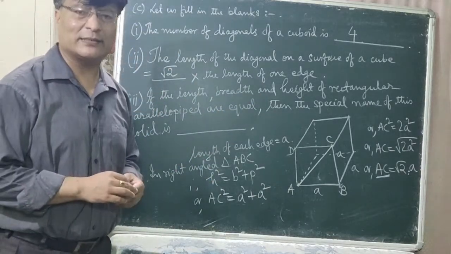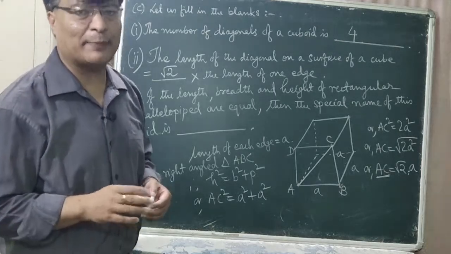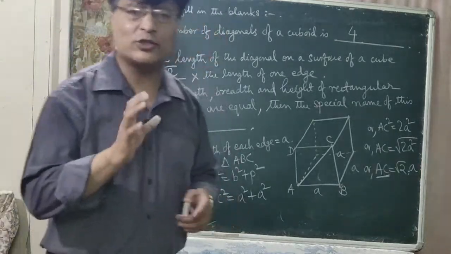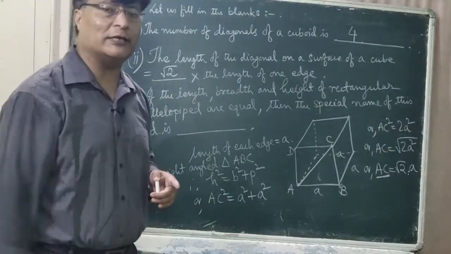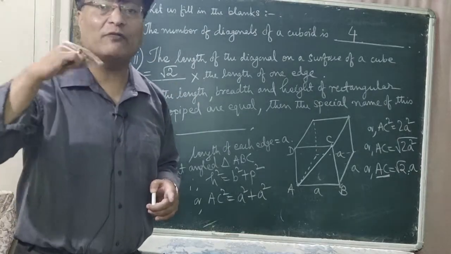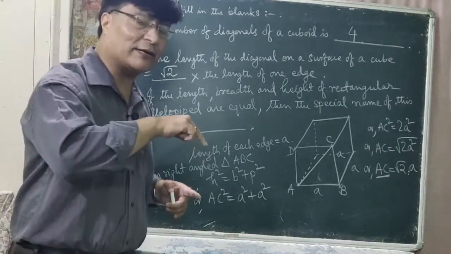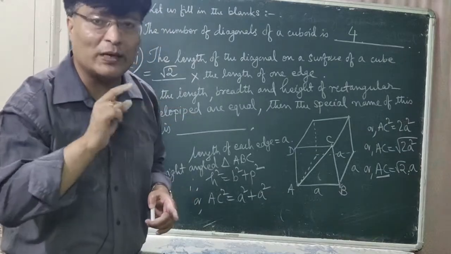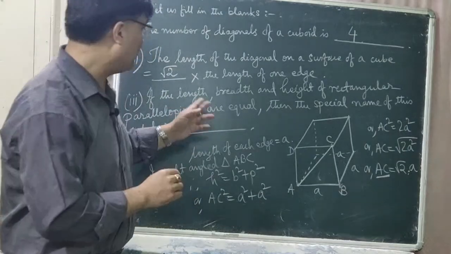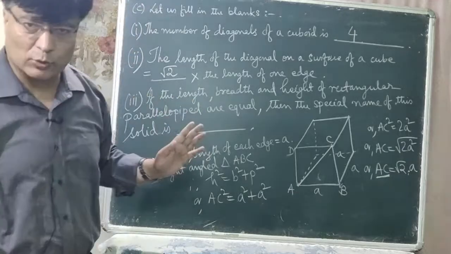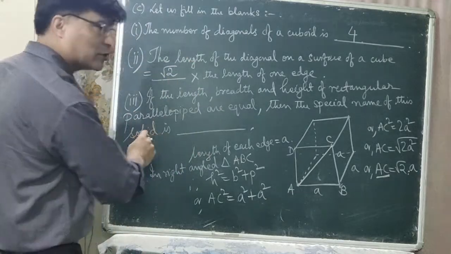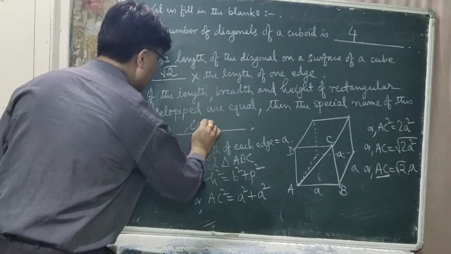I already told you that rectangular parallelepiped मा length, breadth, height सबै equal भने, त्यसलाई edges पनि भनिन्छ. Length of each edge of a, के भनेथे मैले, that rectangular parallelepiped now will become cube if length, breadth and height are equal. So what is the special name of the solid? It is cube.